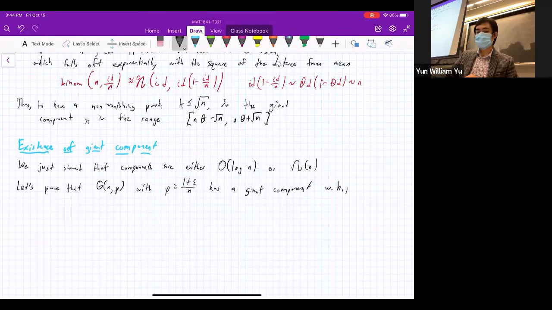And note, for larger epsilon, this only increases your component sizes.